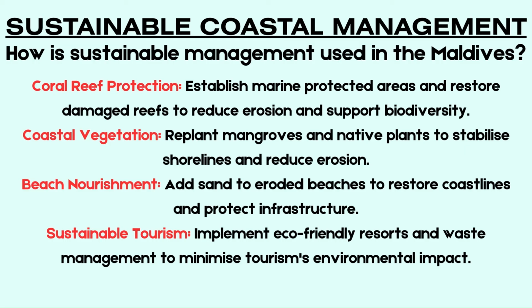Replanting mangroves and native vegetation helps stabilize shorelines. Their roots hold the soil together and reduce the impact of waves, slowing down erosion. Beach nourishment. Adding sand to eroded beaches helps restore natural coastlines. It also acts as a buffer, protecting infrastructure from storm damage and rising sea levels.